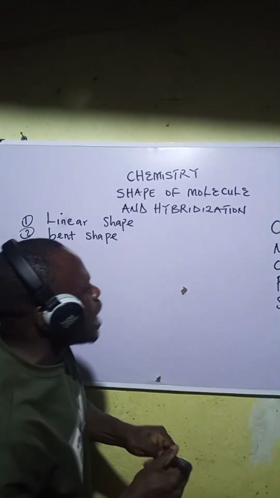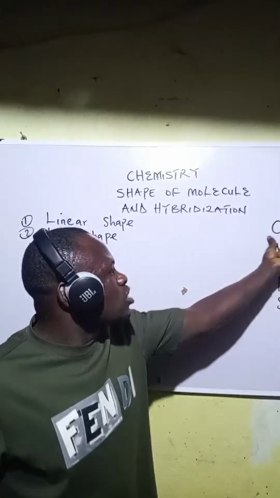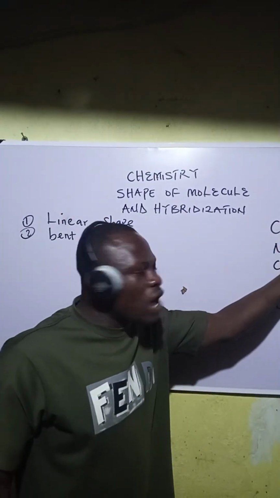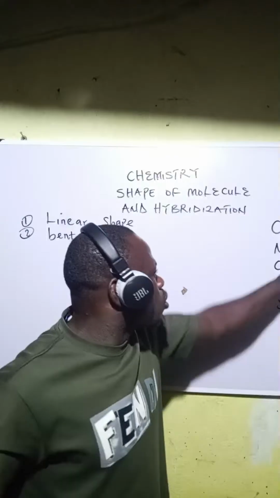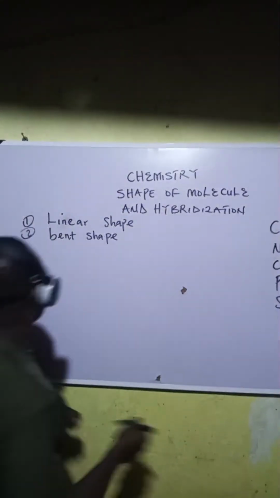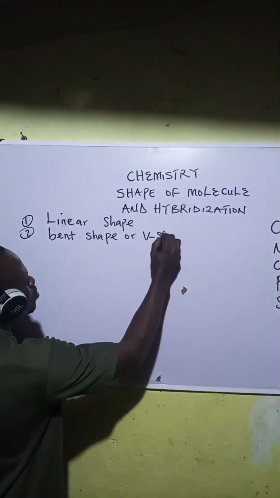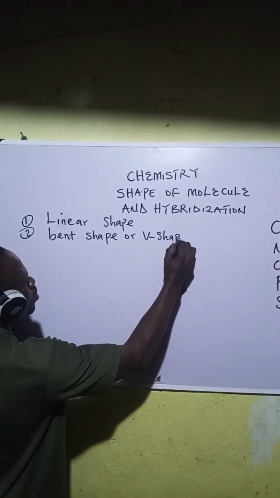We are going to look at them according to how they are. If two elements combine to have two atoms, then that is how we are going to look at it there. We have bent shape, or you call it V shape.